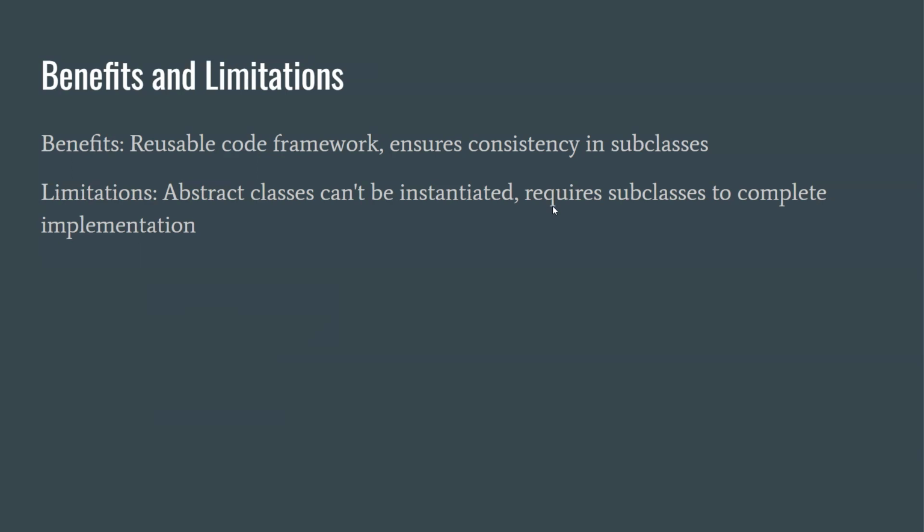This means you cannot create an object of an abstract class without inheriting it in a subclass. This can sometimes complicate design and may lead to deeper inheritance hierarchies than you were initially expecting.